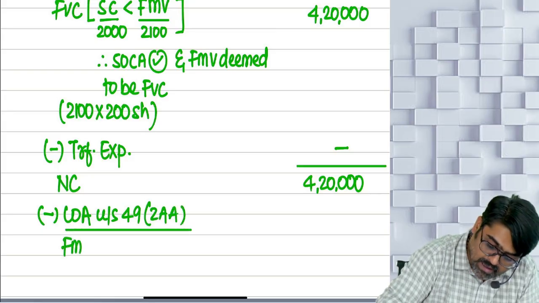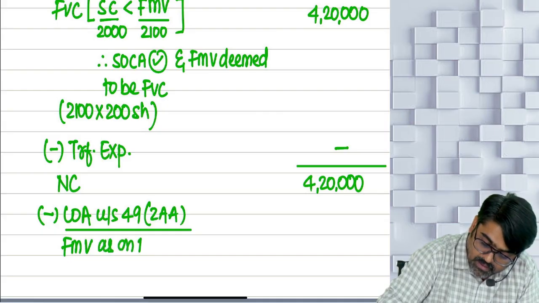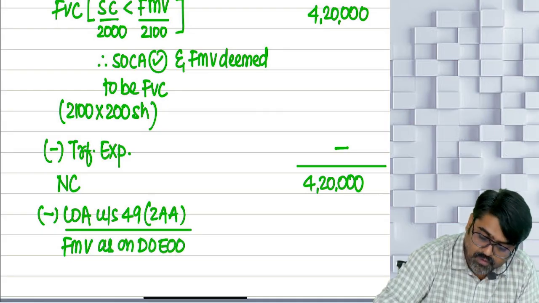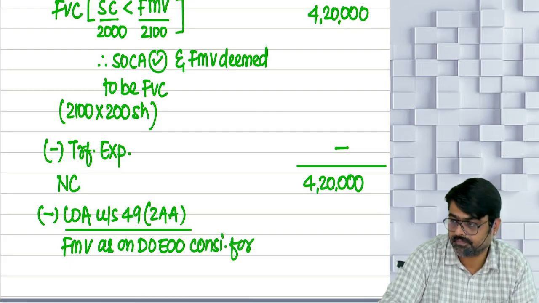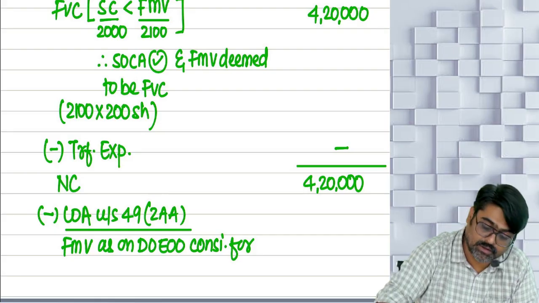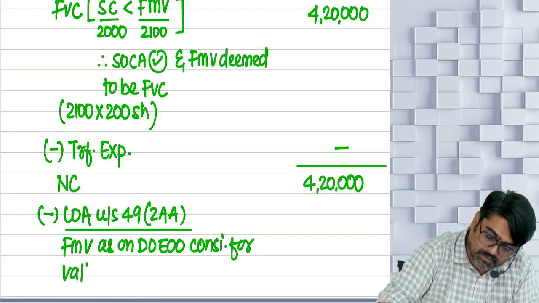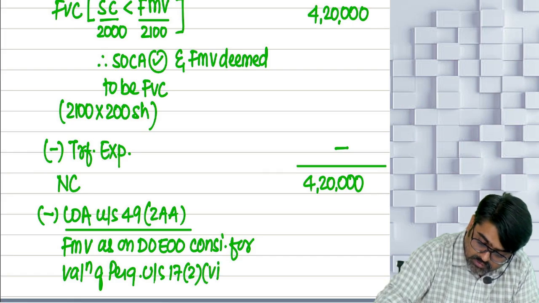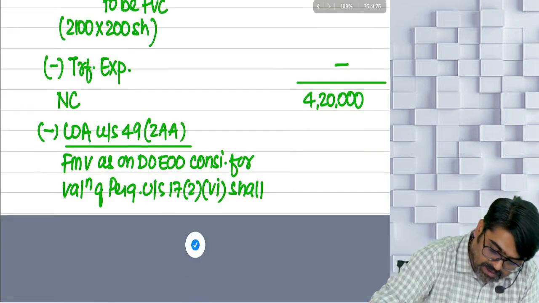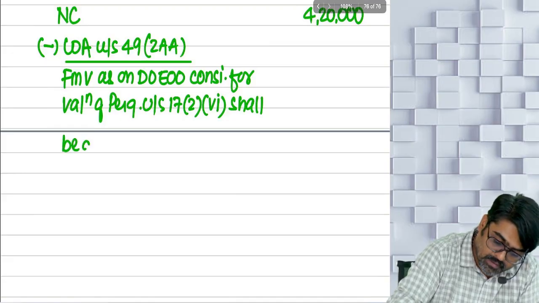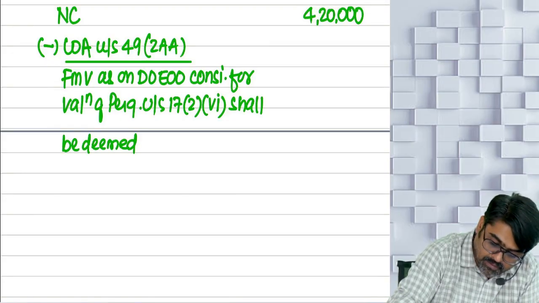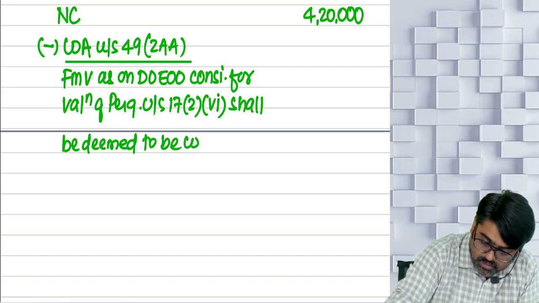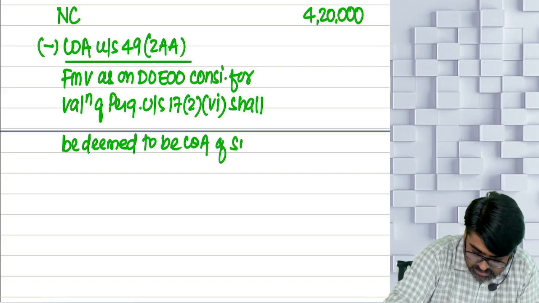The fair market value as on date of exercise of option, which is considered for valuation of what? Perquisite under section 17(2)(vi) shall be deemed to be what? Cost of acquisition of such shares.